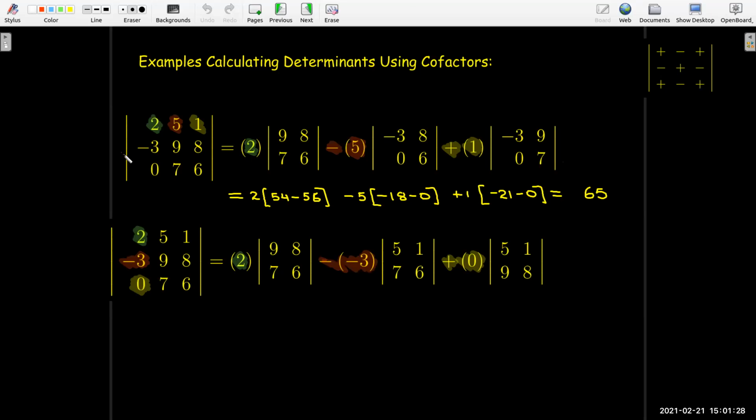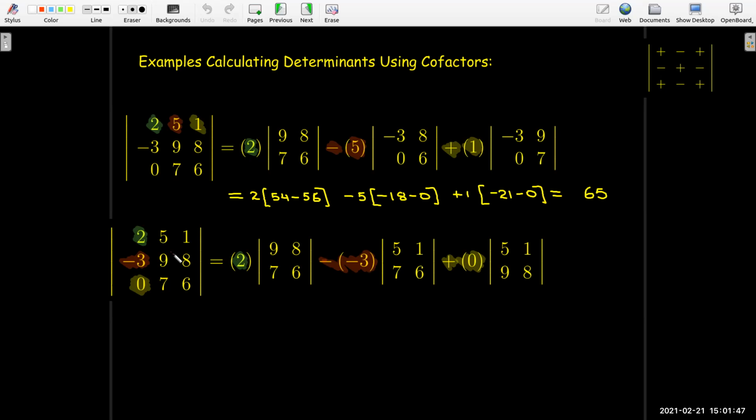Let's use the same array, the same determinant, but let's expand about the first column. And again, we've got to think about our signs here. So the first entry will be positive, second one negative, third one positive, the sign on the cofactor.